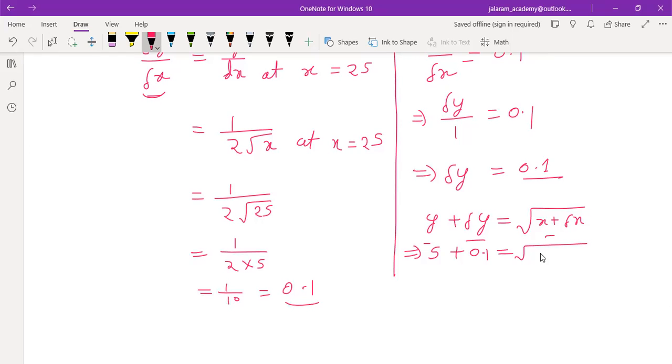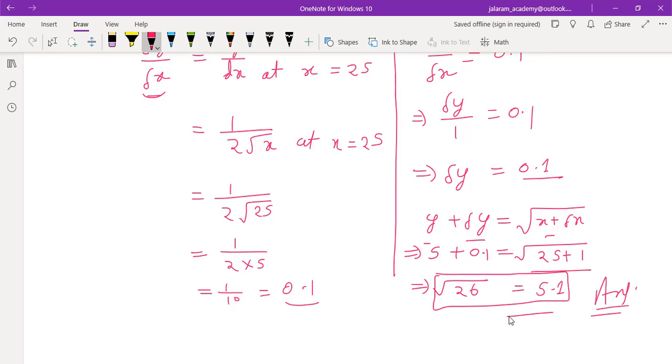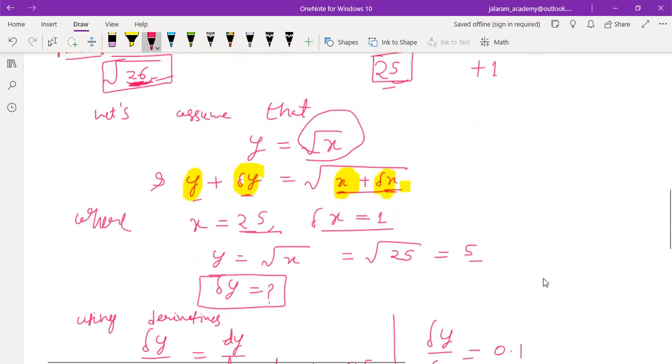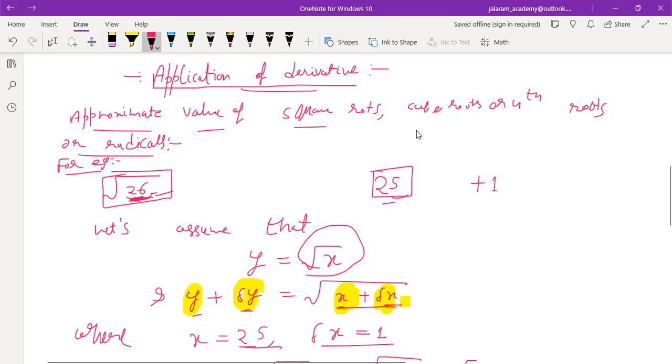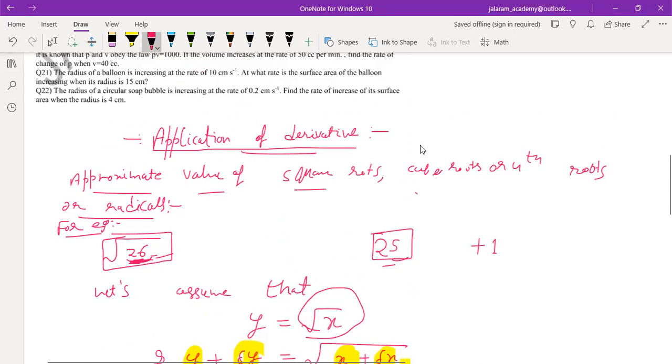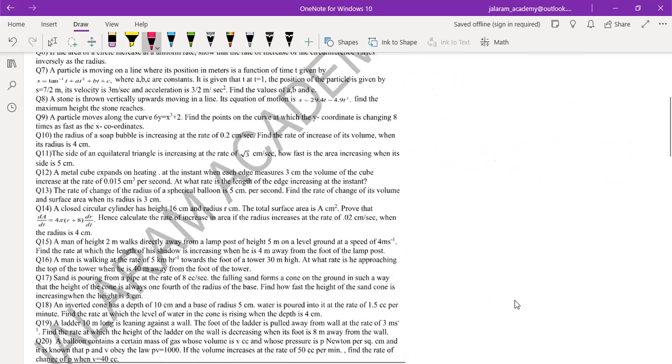So square root of 25 plus 1, that is 26, equals 5.1, which is the approximate value of the square root of 26. And this is the answer. Hope you have understood how to find the approximate value of a square root using application of derivative.